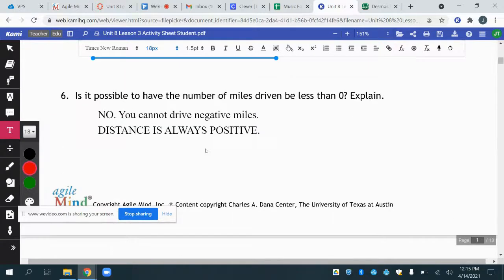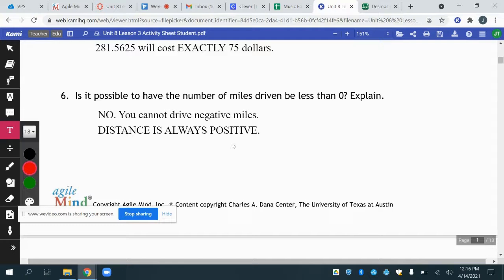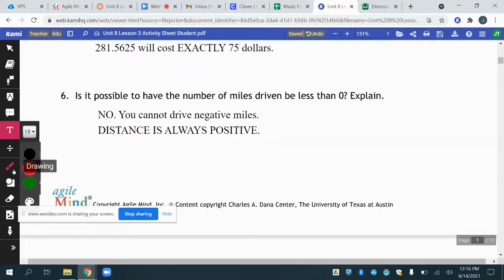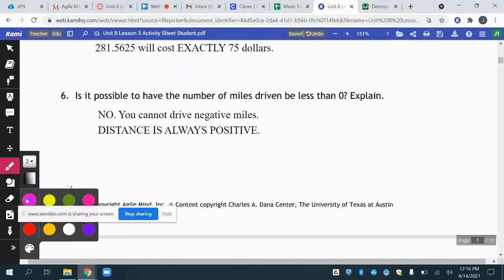All right. So is it possible to have a number of miles be less than 0? The answer is no. I'm just telling you right here. This is very important in geometry class. In geometry class, you will discuss the nature of distance, and this is a fact about it. There are some things that are always positive, and there are things that are negative as well.